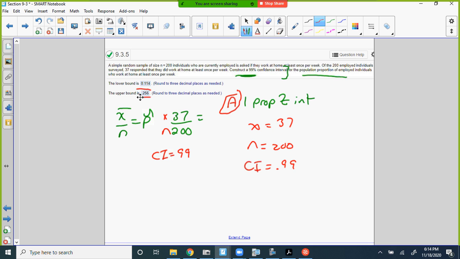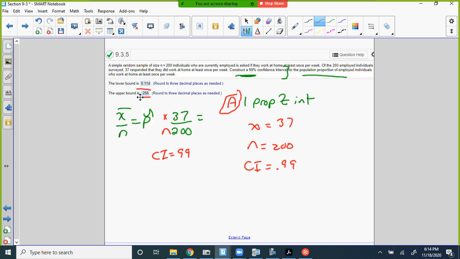Note that it didn't give me a standard deviation. It didn't give me a mean, did it? So section 3 is a hodgepodge. You decide which one you use based off what you're given. And that's what you need to do when you're making your sheets: what do I need to put down? What am I looking for? What are they giving me that tells me I need to use this?